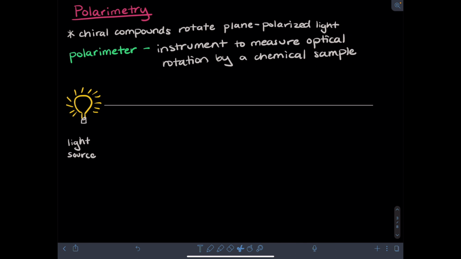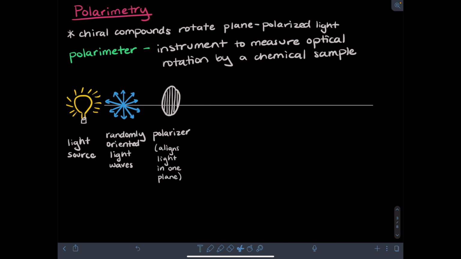At one side of the polarimeter is your light source. And this is just a typical light bulb that puts out randomly oriented light waves. This light gets passed through a polarizer, which has little tiny slits aligned along one axis.